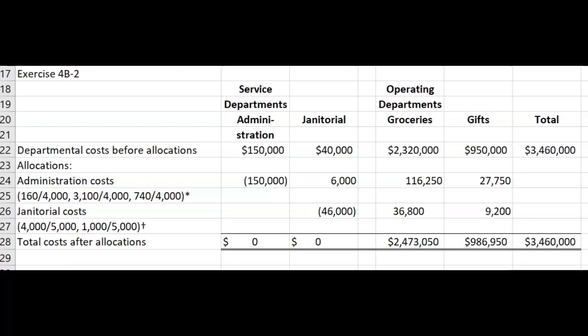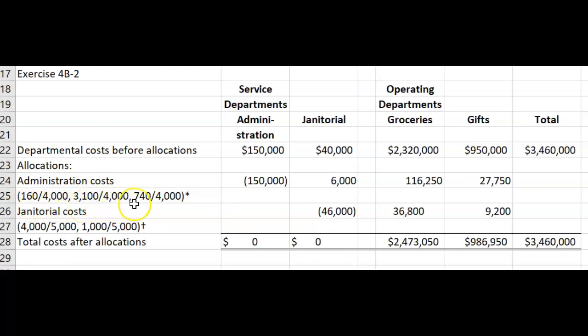Well, because we are allocating the cost to janitorial and the grocery department and the gift department, we would go to see what the employee hours are. So for janitorial, it's 160. For groceries, it's 3,100.